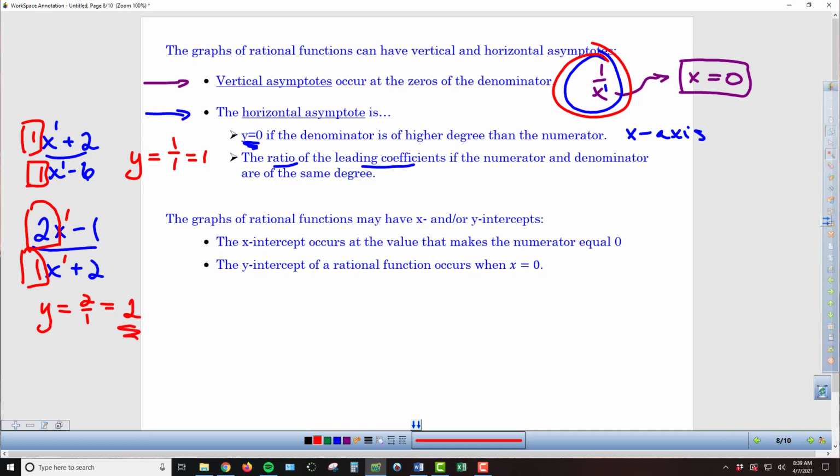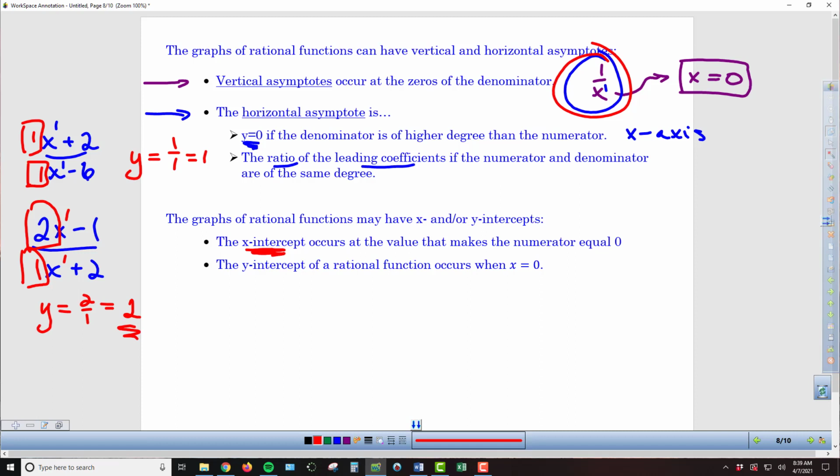And then the other couple features that we're interested in when it comes to these graphs are where the graph may cross through the x and y axes. We don't always have intercepts along the x and y axes, but if the graph does have them, we want to make sure that we find those. And so the x-intercept occurs at any number that makes the numerator equal 0.